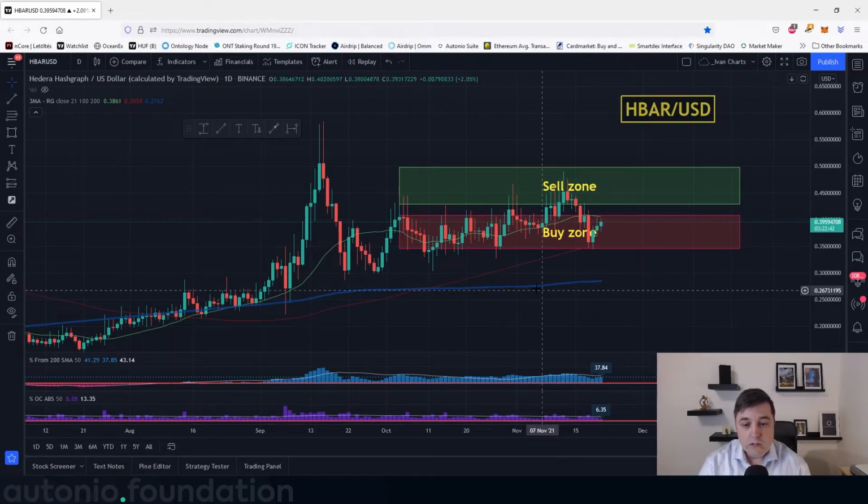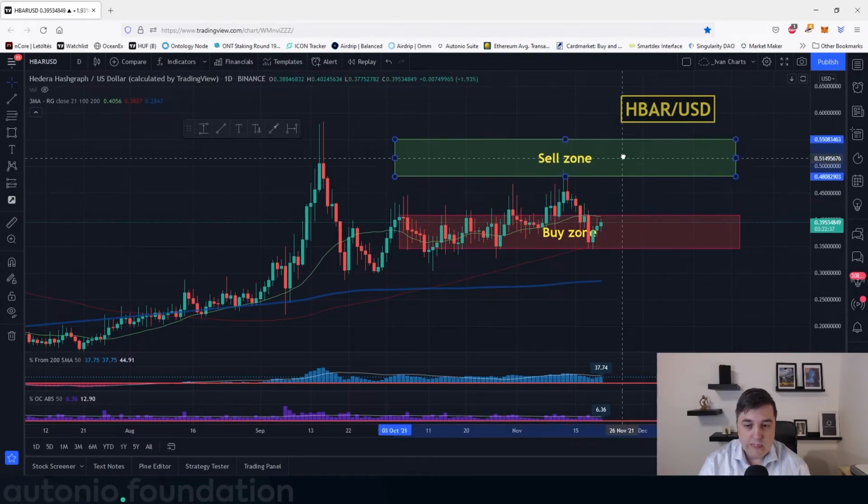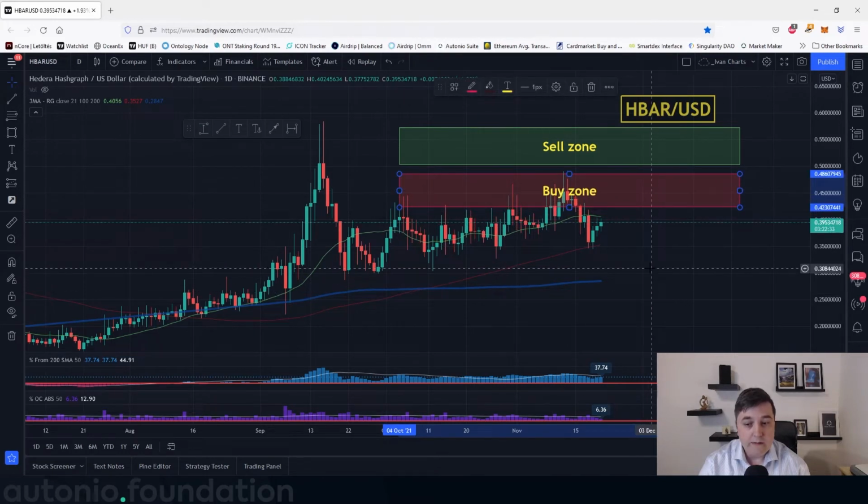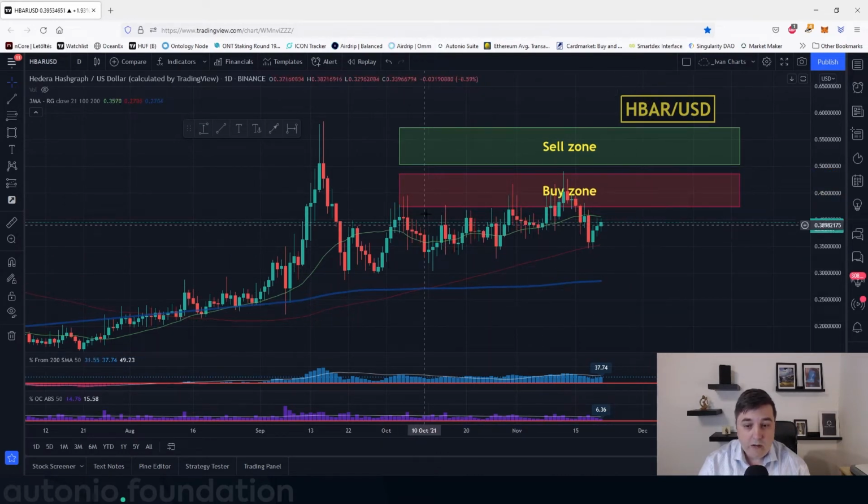And of course you need to carefully analyze your price action, because let's say if you set up your zones like this, then you will have a lot of hits in the buy zone but none in the sell zone. So basically the market maker will spend all your money to buy up the token you just set up.